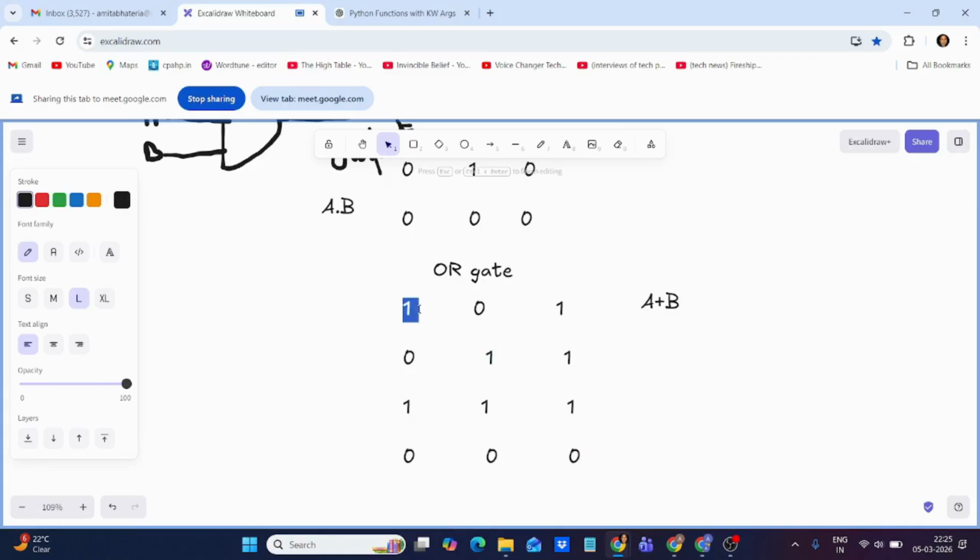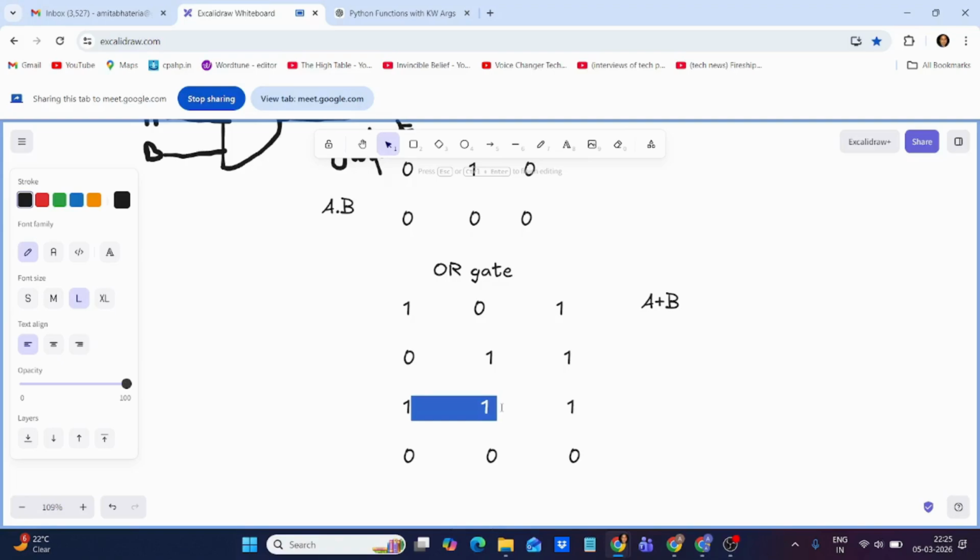One. This is input for A and this is input for B, right? So 1 plus 0 is equal to 1, and 0 plus 1 is how much? 1. And 1 plus 1 will be how much? Okay, 1 plus 1 will be 2, but 2 is not a number which we can include in a Boolean table.